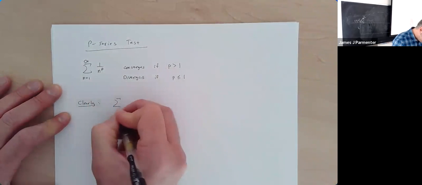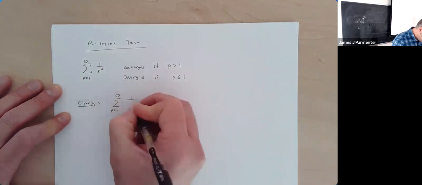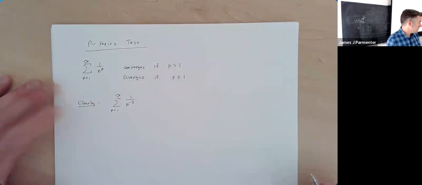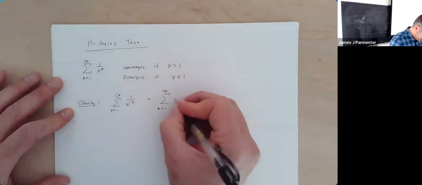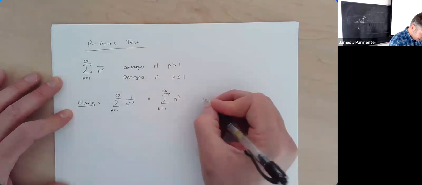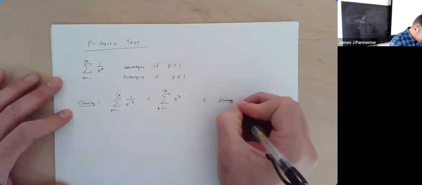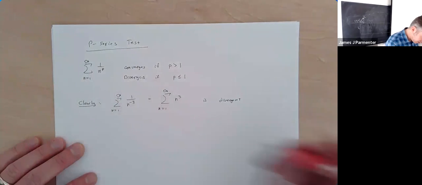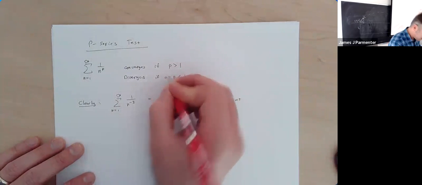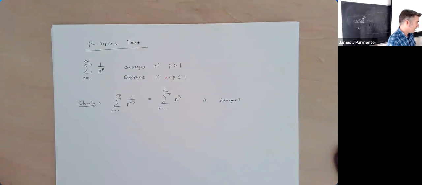Clearly, the sum from n equals 1 to infinity of 1 over n to the negative third is divergent, because this is just the sum from n equals 1 to infinity of n cubed, and that is divergent because it fails the nth term test, or the test for divergence. You could also say that it diverges because it's a p-series where p is less than or equal to 1. Either statement is true. Some people like to include a bigger than or equal to 0 there, but I don't think you need to.